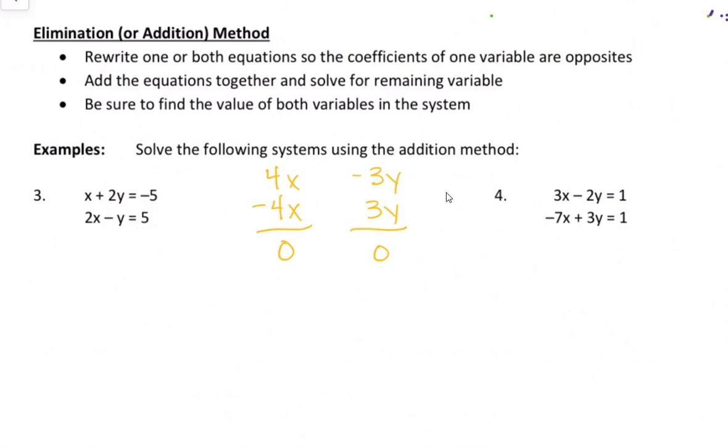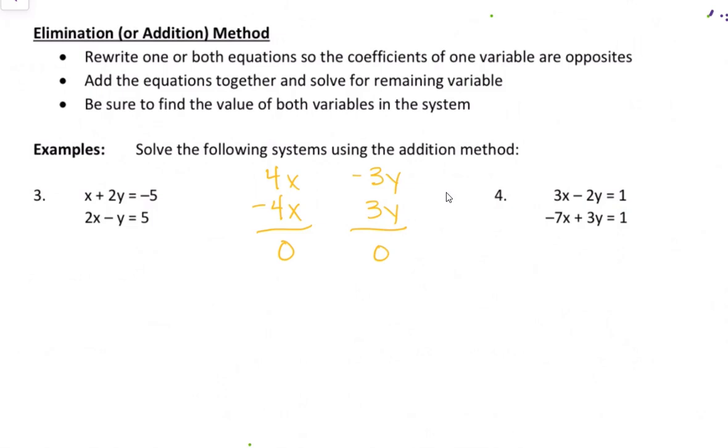Okay, so let me get rid of this. And then what we're going to do is look at what we can do to get opposite coefficients on one of the variables. When I'm looking at my variables, the first thing I want to do is choose which variable I'm going to eliminate. When I look at the x's, for example, I've got a coefficient of 1 and a coefficient of 2.